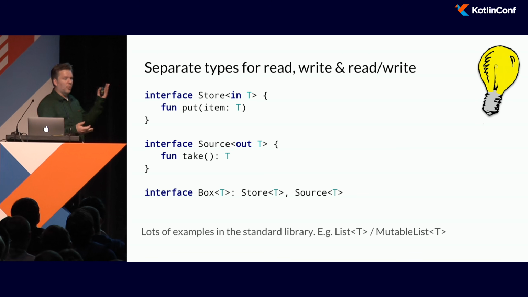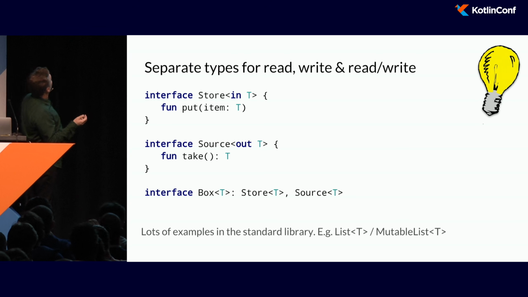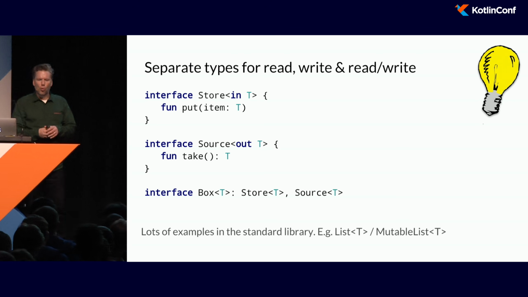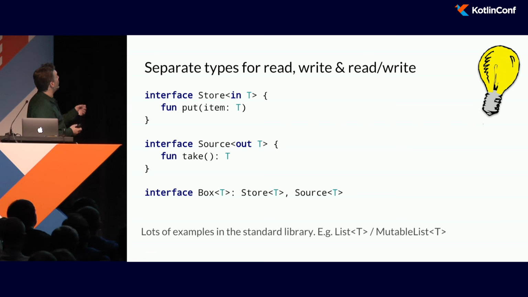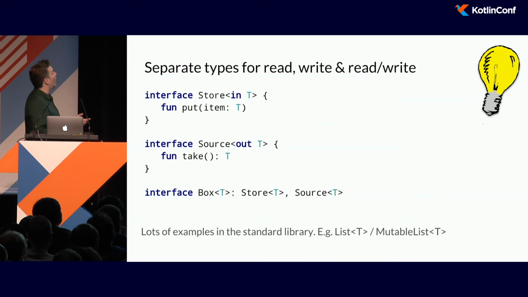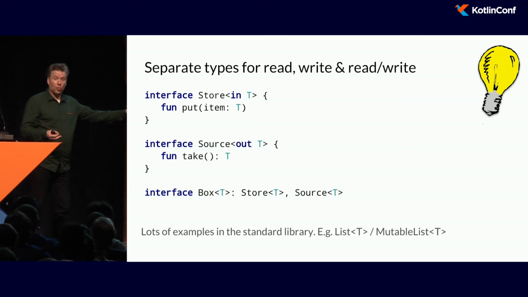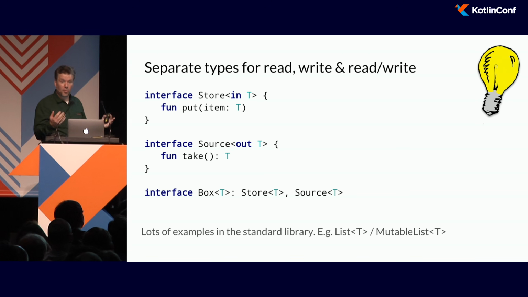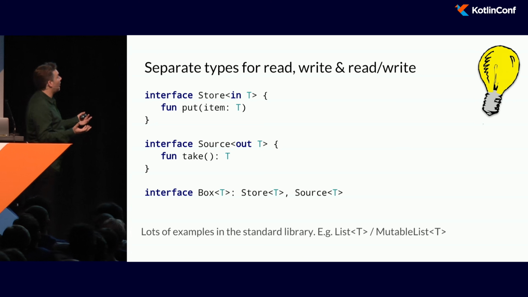I've got two interfaces: a source of something, which has output variance, so I can take things from it, and a store of something that has input variance, so I can put things in. And then I can define a box, which has no variance, as both a store and a source. I can pass it around as a store, and I can pass it around as a source, and the subtyping relationships automatically constructed by the compiler will be taken into account effectively.